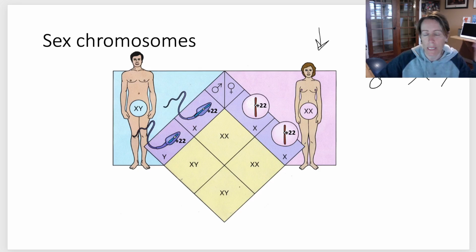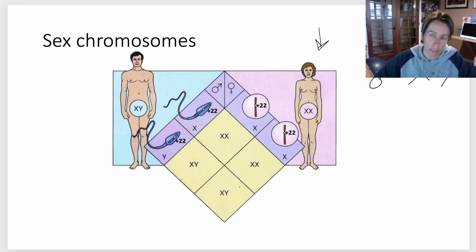He's going to make sperm, and in every single sperm cell, he'll put 1 chromosome 1, 1 chromosome 2, 1 chromosome 3 to make a haploid cell, all the way up to 20, 21, 22, and then he gets to put a sex chromosome in the sperm as well. Half of his sperm will get the X, and half of his sperm will get the Y. So that's what this is showing here. Here's an X carrying sperm, and here's a Y carrying sperm. So 50% of the sperm carry X's, 50% carry Y's.